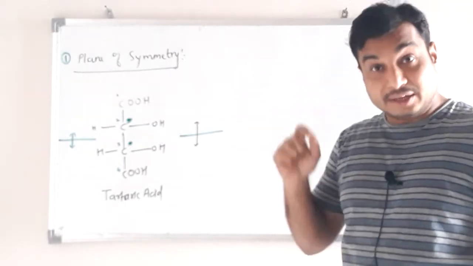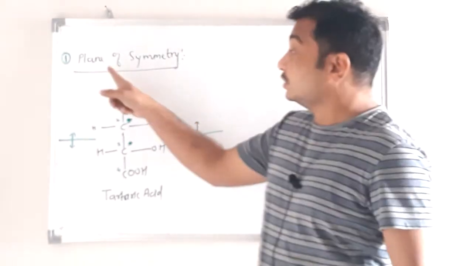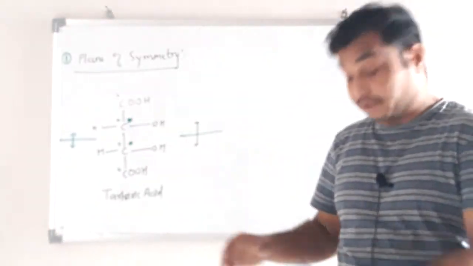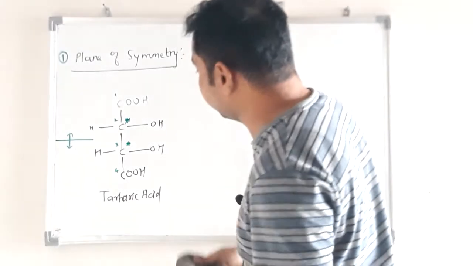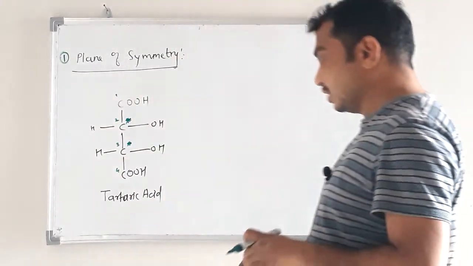Why? The reason behind this optical inactivity is the presence of a plane of symmetry. This molecule possesses a plane of symmetry. How? Let us see. Just observe this molecule.